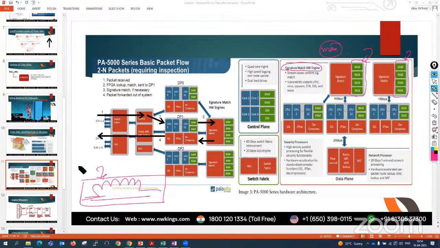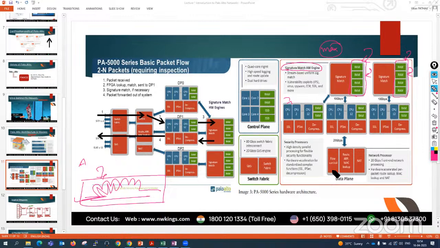Because let's suppose packet number A has entered and it is being processed, and until then packet number B will come. So it has to be there in the RAM, right? So that my content engine can process that traffic. That's the reason I have multiple RAMs over here. It has to hold the packet for a longer period of time in comparison to DP1 or the network processor. Are you able to relate the things I'm telling you?